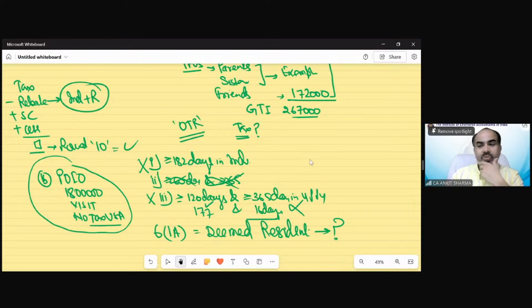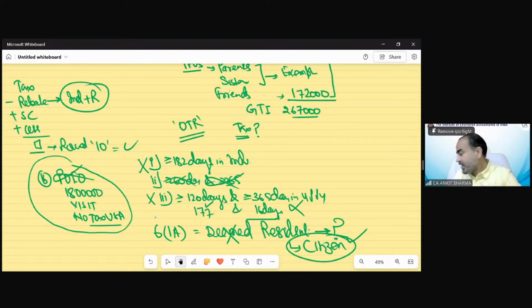Pooja is saying no. Why, Pooja? Why no? Tanu is saying deemed resident. Ishan is saying no, and he has given me the correct answer also, the reason also. Well done, Ishan. Almas also gave the correct answer. Nidhi is saying yes. No, Nidhi, wrong answer. She cannot be treated as a deemed resident because the deemed resident condition is only applicable for a citizen, not for a PIO.